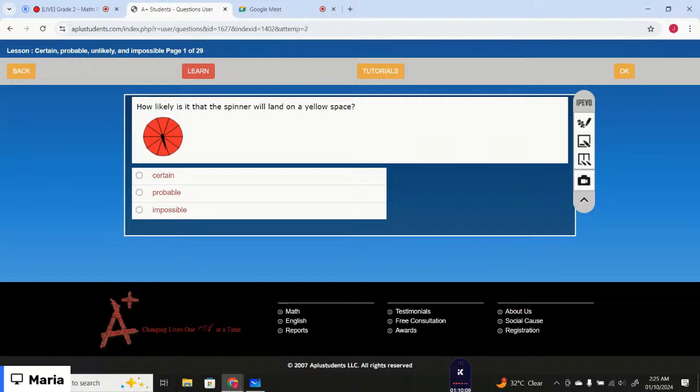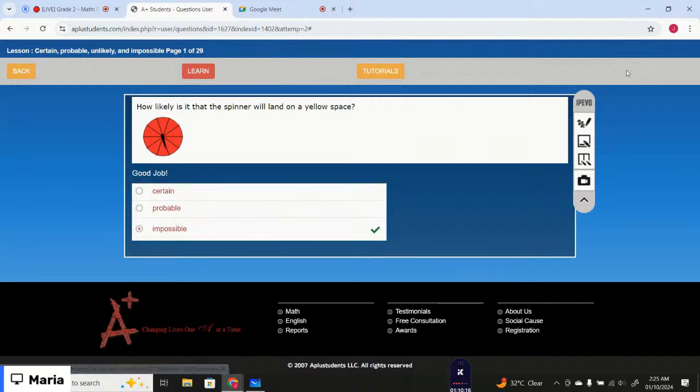So you have no yellow space here, right? Then it is impossible to land on yellow. The correct option is impossible.